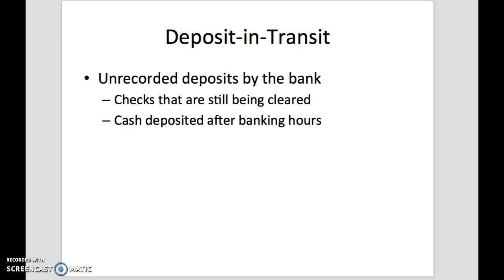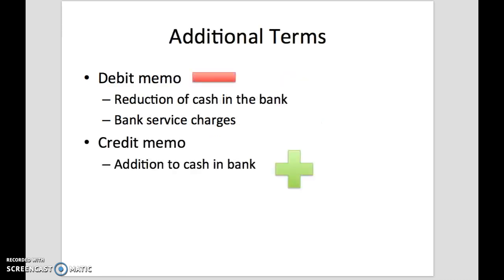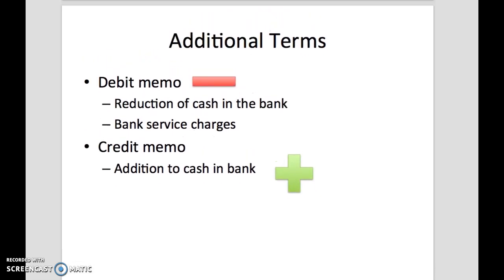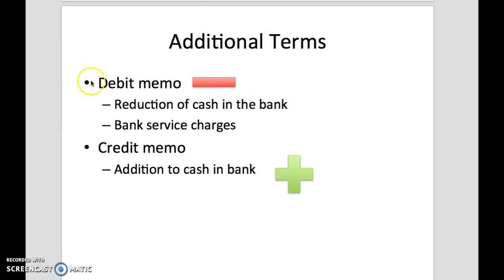So that's an example. Now, additional terms from the bank reconciliation. The debit memo and the credit memo here should not be confused with the debit memo and credit memo in the merchandising business. Here, we are using this in the context of bank reconciliation. So, when you say debit memo, this is a general term for any reduction of cash in the record of the bank.